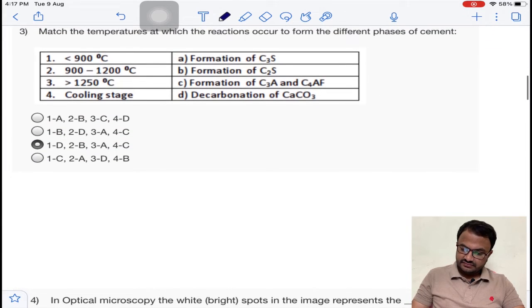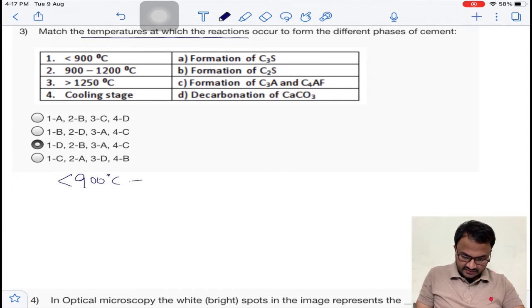Next question. Match the following: temperature at which reactions occur. Less than 900 degrees centigrade: decarbonation of CaCO3 will take place.